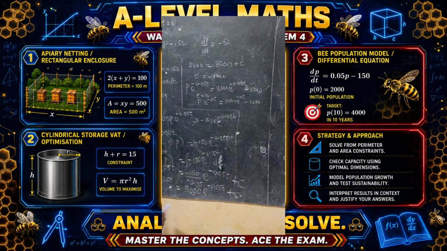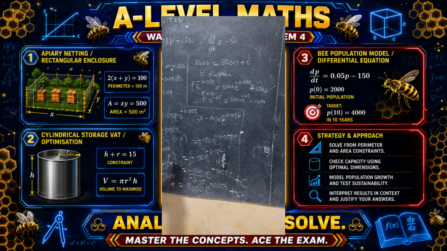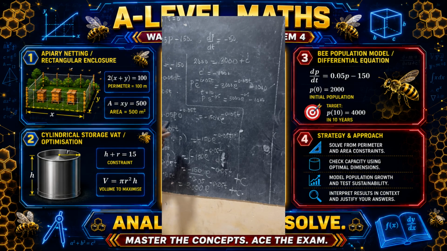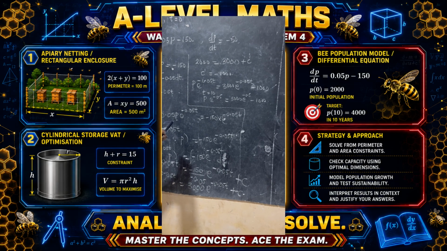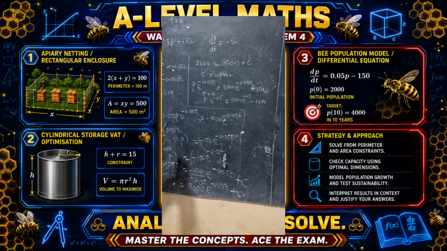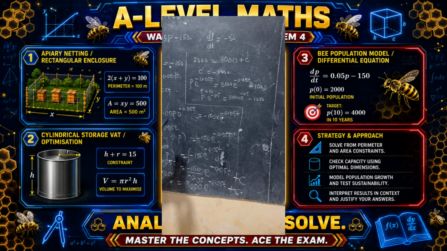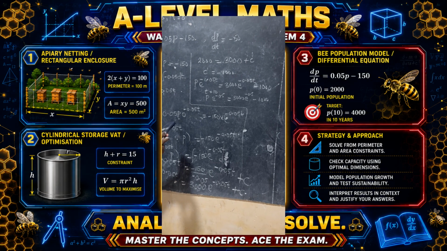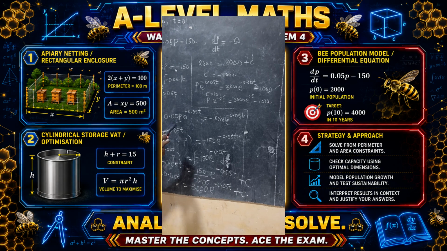So let me start with the right hand side. I have 3,000 exponential negative 0.5 minus 1,000.